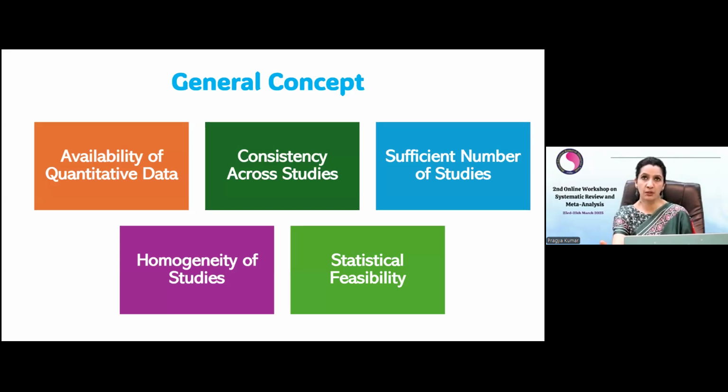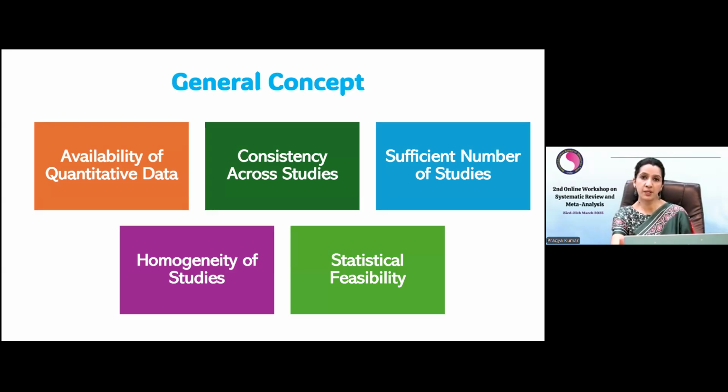Some general concepts from the systematic review: if there is availability of data, then you can go ahead with the meta-analysis. You have to see whether the outcome measurement is consistent across studies or not. Like Anuradha just inquired, there is one measure where they have reported chi-square, that is a 2 by 2 table, or maybe the n and total number, in proportion.